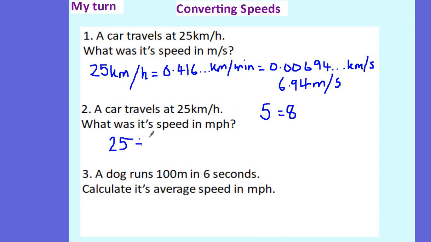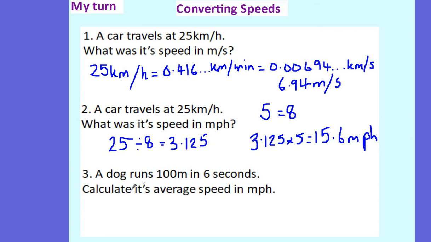So 25 divided by 8 is equal to 3.125. Then we take our 3.125 and we multiply it by 5. And that gives me 15.6 miles per hour.